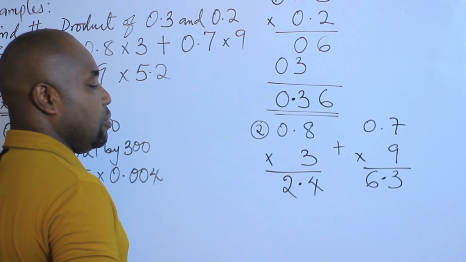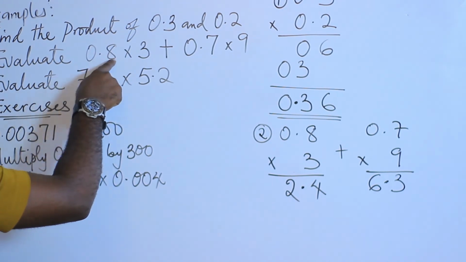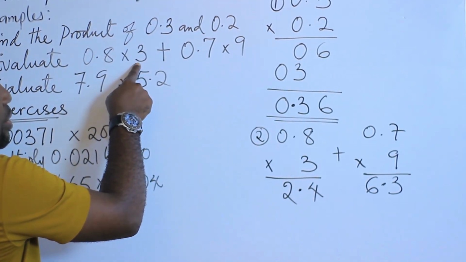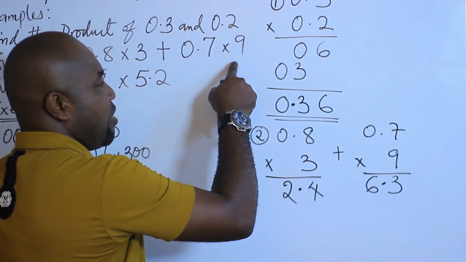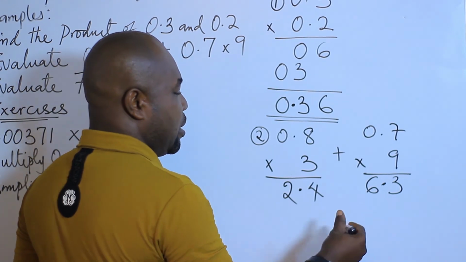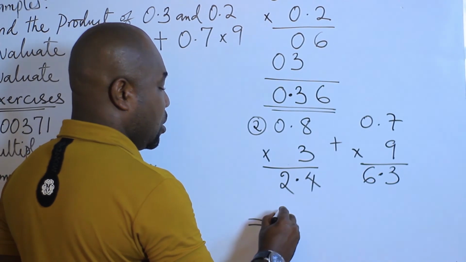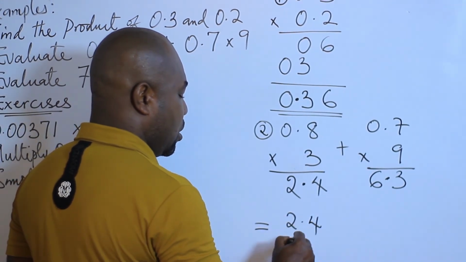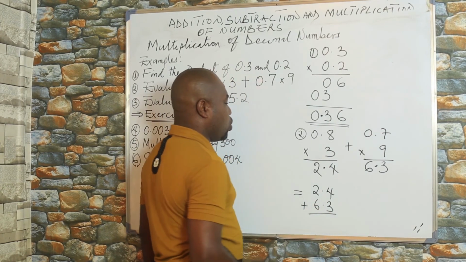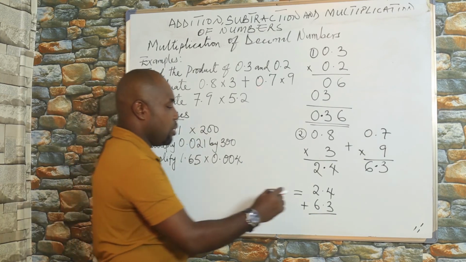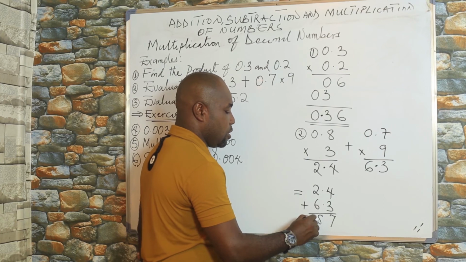But we are to add, because here we have 0.8 times 3. We have done that to get 2.4 plus 0.7 times 9. So this will be equal to 2.4 plus 6.3. 4 plus 3 will give us 7. 2 plus 6 will give us 8.